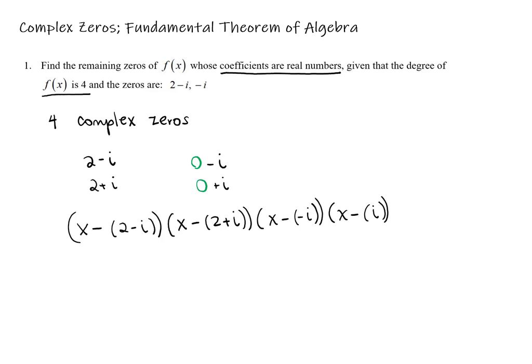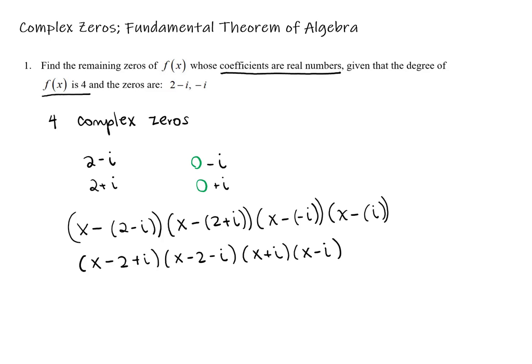And so if I wanted to simplify this, I would get x minus 2 plus i, and x minus 2 minus i, then x plus i, and then x minus i. If you want to find the polynomial, you would multiply this out.